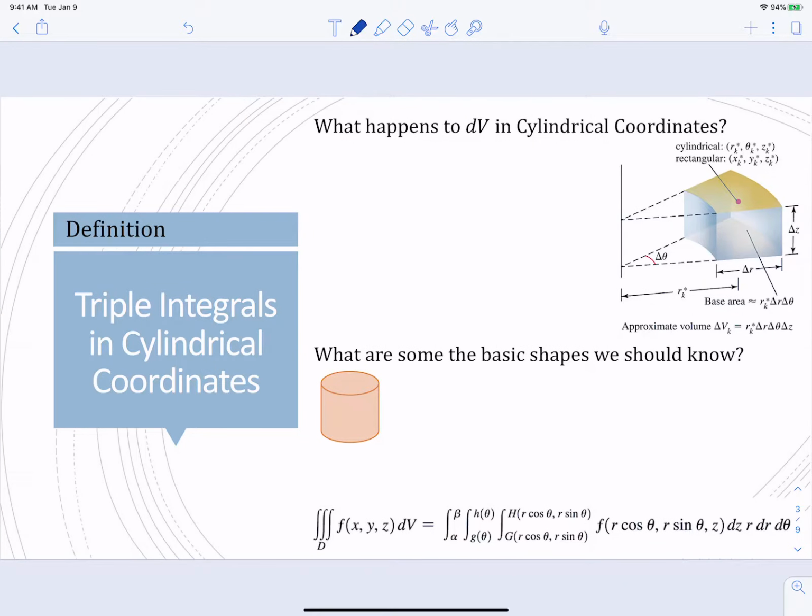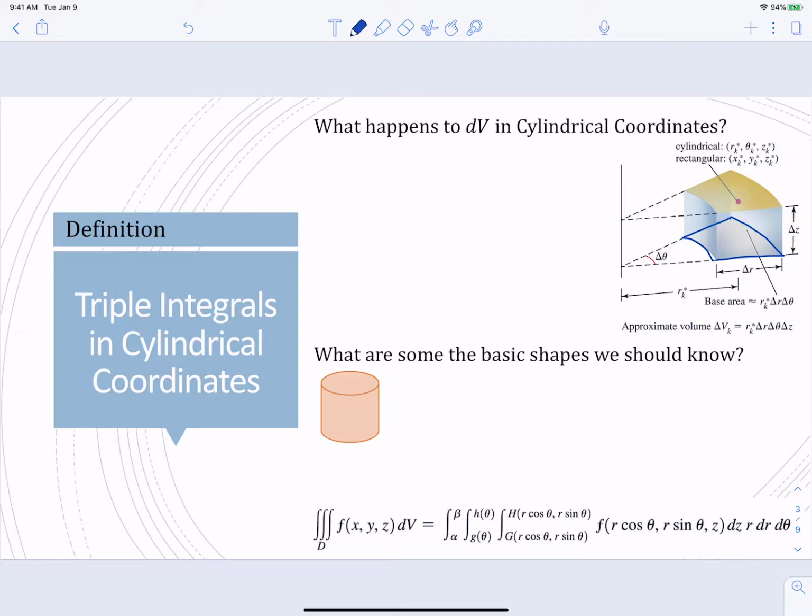So when we're looking at triple integrals, what we want to really think about is what happens to that dV, that differential for our volume. Not much is going to be different from when we were doing this in polar coordinates. This is a blown up picture of a, in quotes again, a slice of our region.